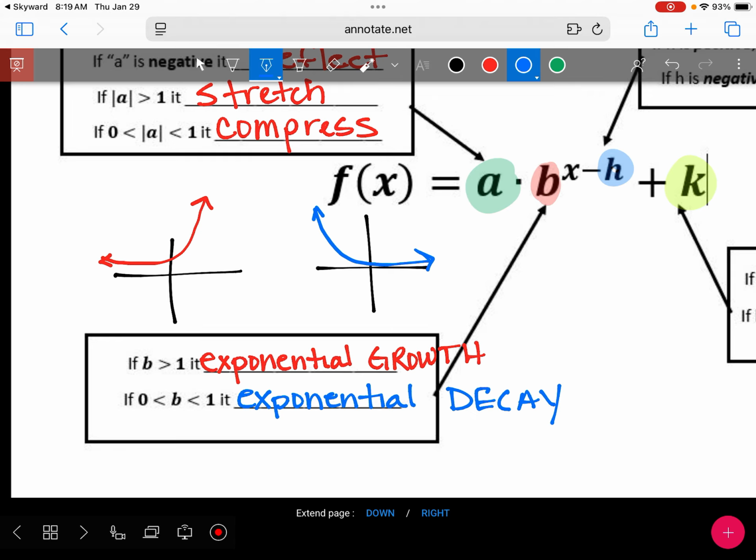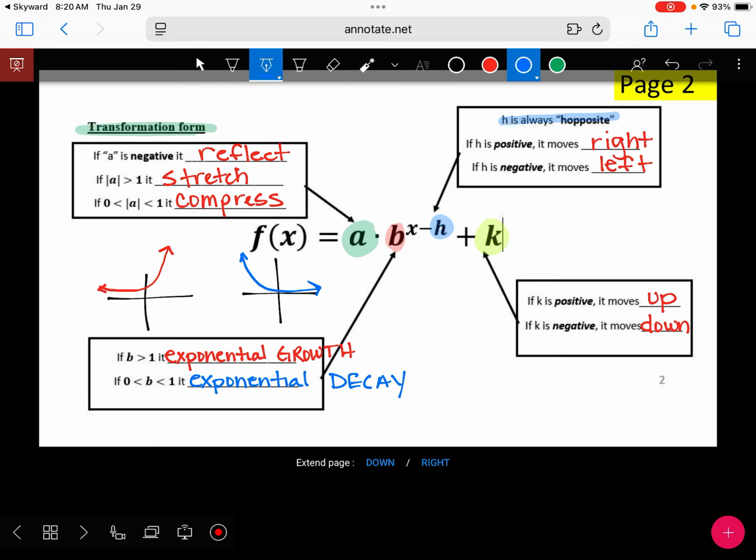So we have 4 things now: A, B, H, K. And in this function, the most important is K. K is going to control the domain, the range, and the horizontal asymptote.